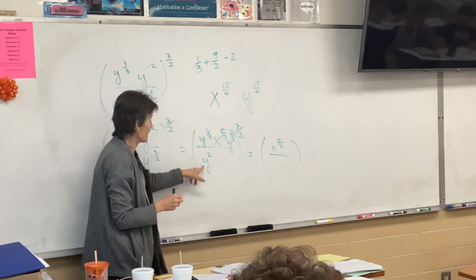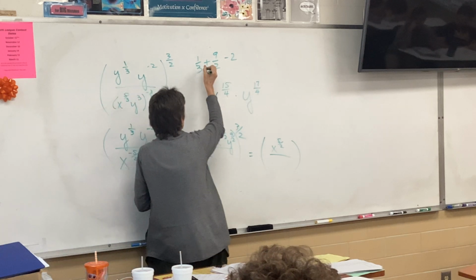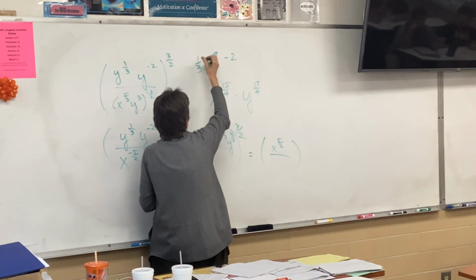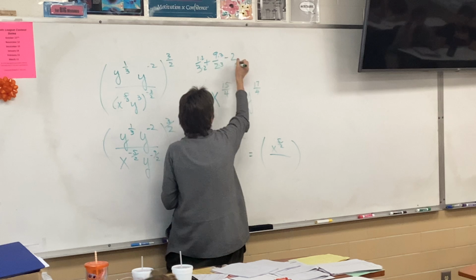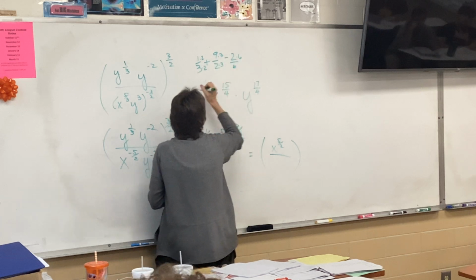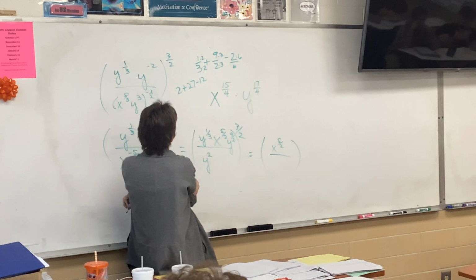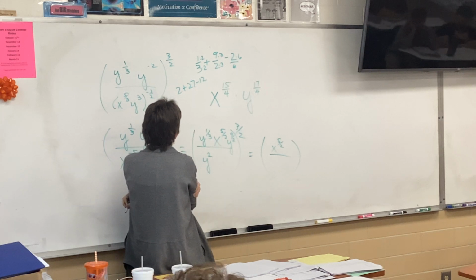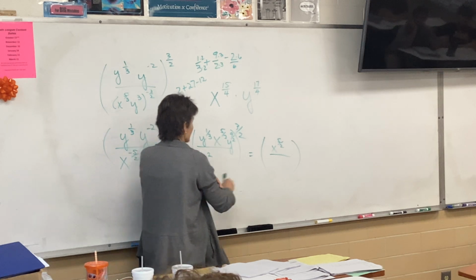Would everybody agree with that? If we're combining these, our common denominator will be 6. So that's 2 plus 27 minus 12. What is that? 17 over 6.